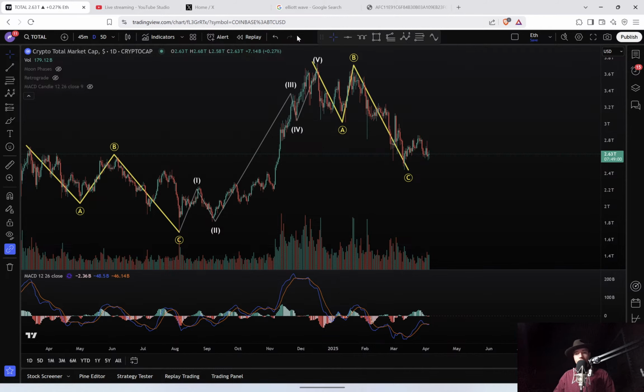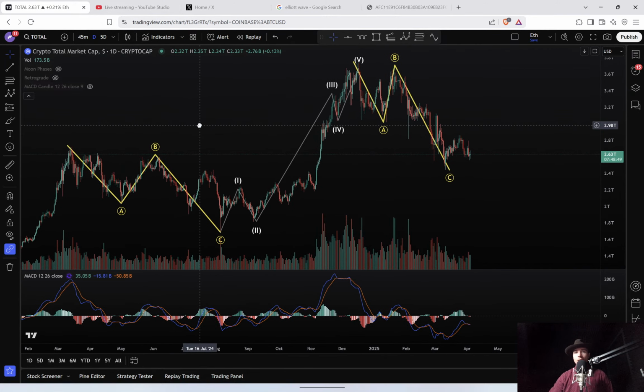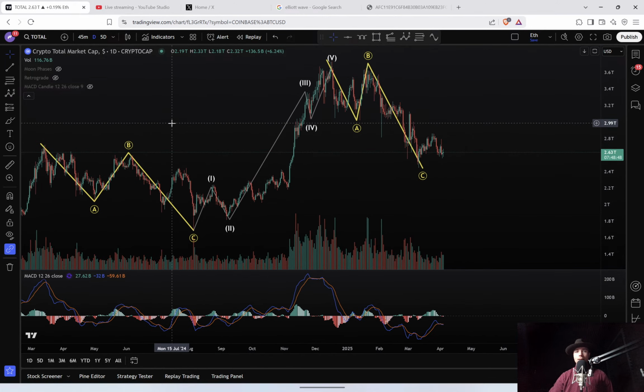So you get the same patterns appearing in the market over and over again because people have the same biological response to the emotions that they're experiencing in the market. That's why it's called an Elliott wave impulse wave, because people get emotional and their emotions make them impulsive, and their impulsive decisions cause them to panic sell or FOMO buy.